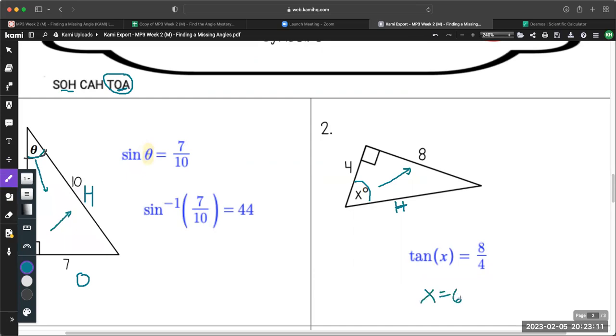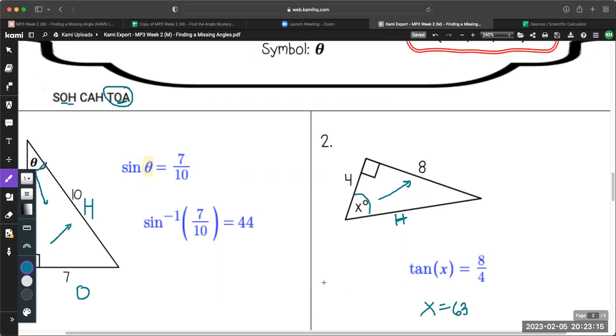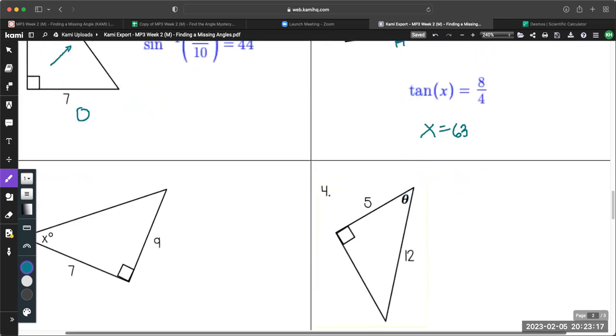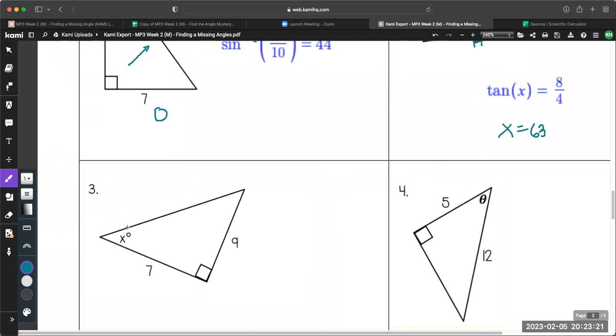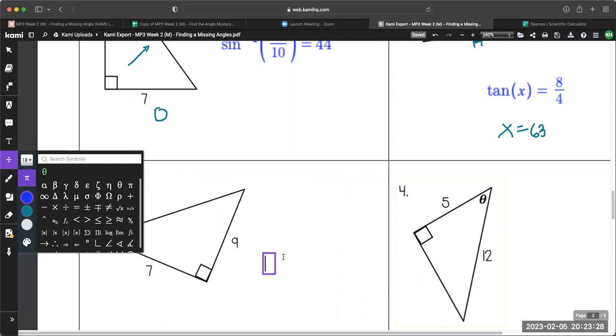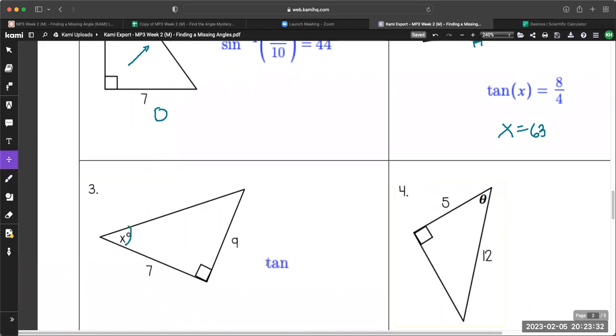I should have typed it, but that's okay. A few more just to make sure that we're getting it. Again, we have no hypotenuse, so we're using the tangent. The tangent of X is going to be my opposite side, so I have to go across here to 9.